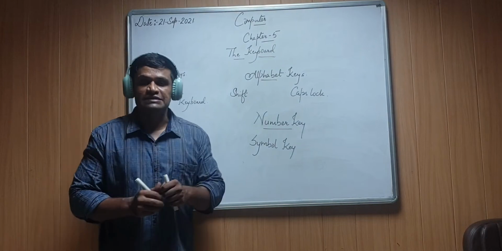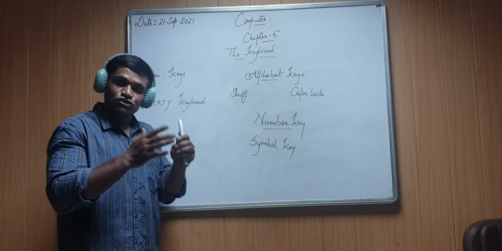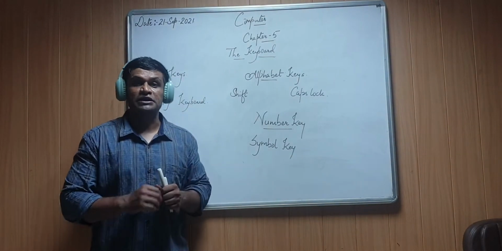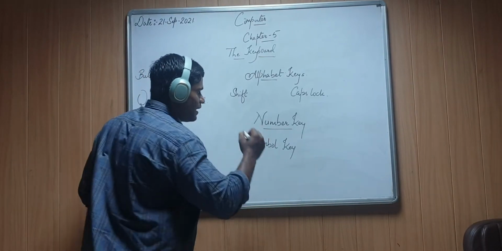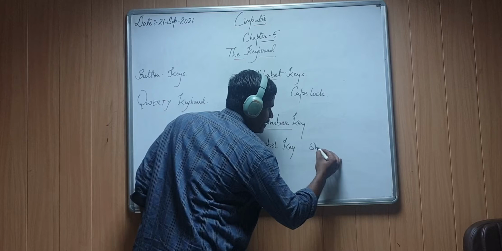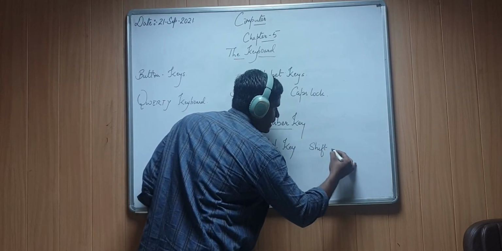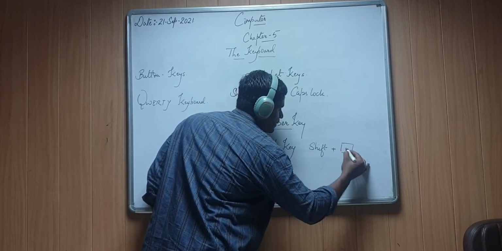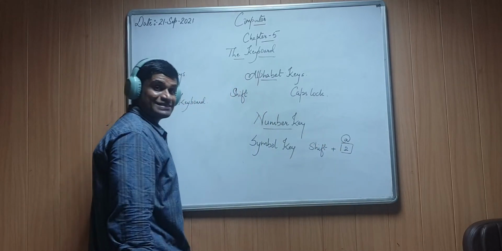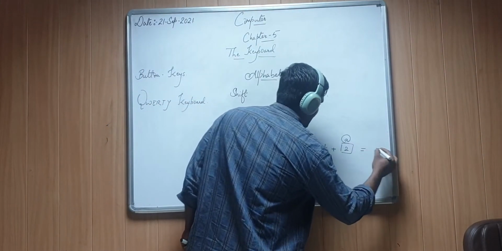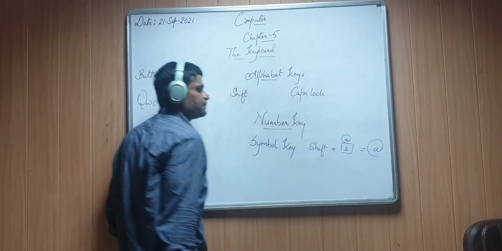We can use these symbols by pressing the shift button and the number key on which that symbol is available. Just for an example, if we press the shift key and the number 2 key, the sign available on that key, that is the @ sign, will be printed.